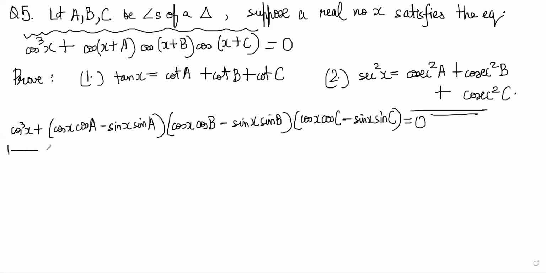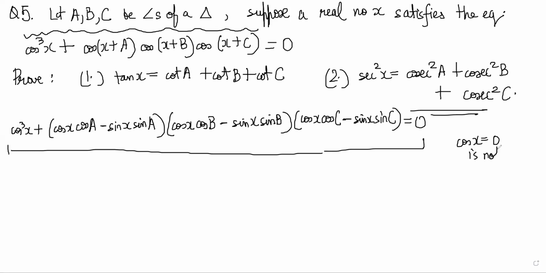Now, the first thing I want you to realize here is that cos x equal to 0 is not a solution of this equation. Why is that true? If you put cos x as 0, then sin x will be 1. So you will end up with this is 0, this is 0, this is 0, and this is simply 1, 1, 1.